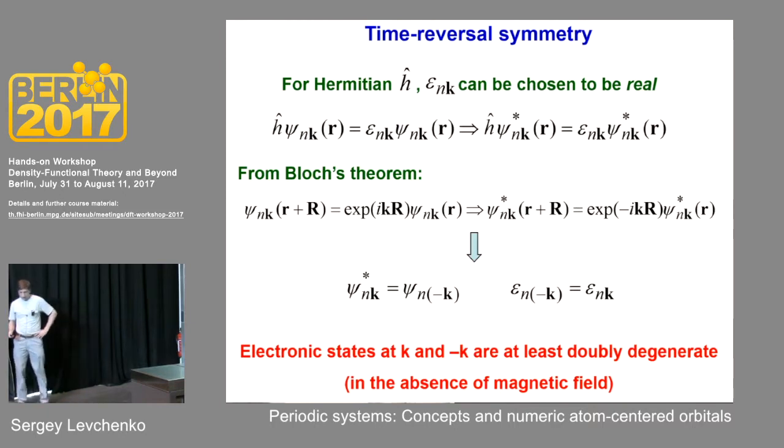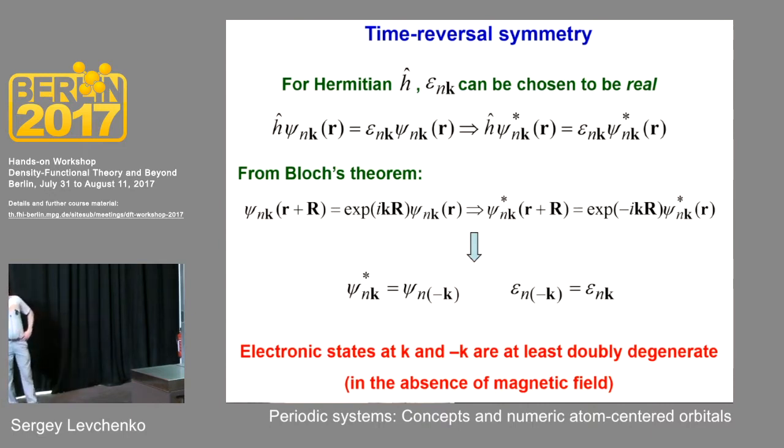So there is another property of the electronic structure of periodic solids, which is called time reversal symmetry. Usually in the problems that we consider in electronic structure, the Hamiltonian is Hermitian, and this means that the eigenvalues can be chosen to be real.